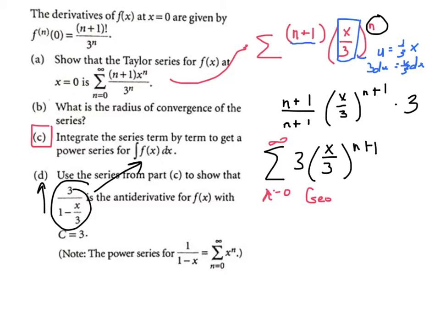So let's plug in 0 to get the first term. So it's 3 times x over 3, so it's 3. And the common ratio is x over 3. So this is the geometric sum.